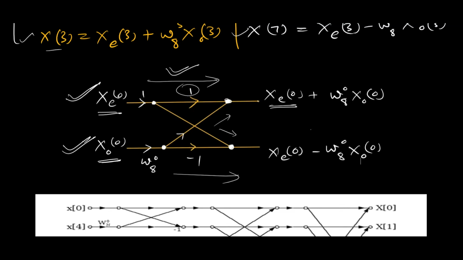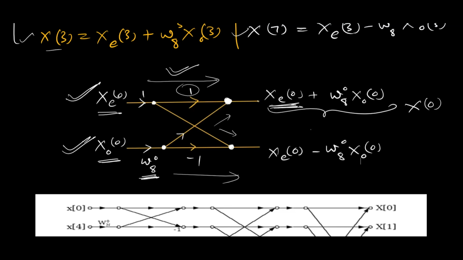Now this xo0 will get multiplied with this twiddle factor and will get added up with this xe0, and results in x0.